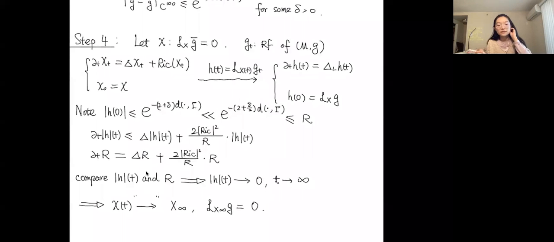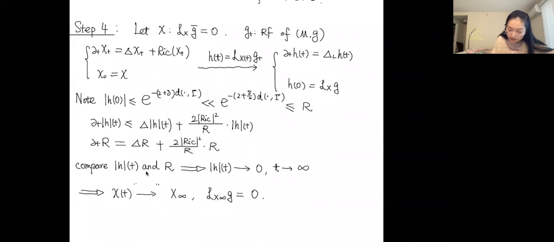Okay, so X infinity is the Killing field, and so now I've found the Killing field of the soliton metric, and here's some subtlety. We don't want this Killing field to be 0, so we can also exclude this. We can also show that X infinity is not a trivial Killing field.